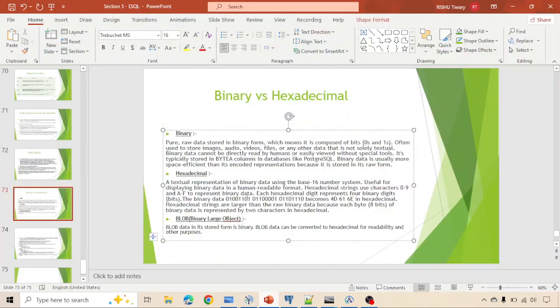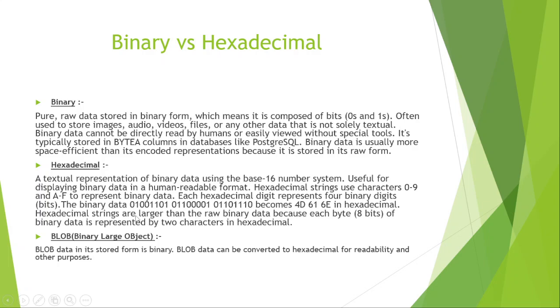now apart from that, each hexadecimal digit represents 4 binary digits. Here is an example where I am converting this binary data, this 0 1 format, into hexadecimal, which is between 0 and 9 and A to F. We are using 4D, 61 and 6E.